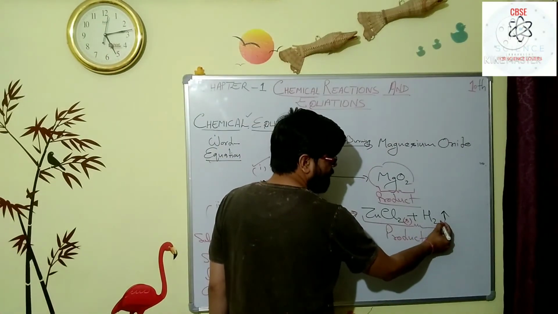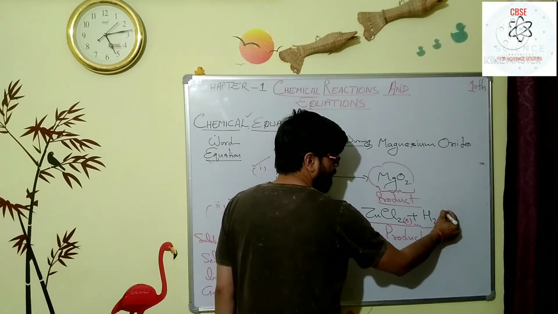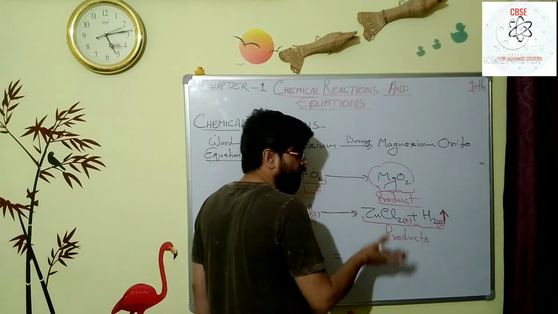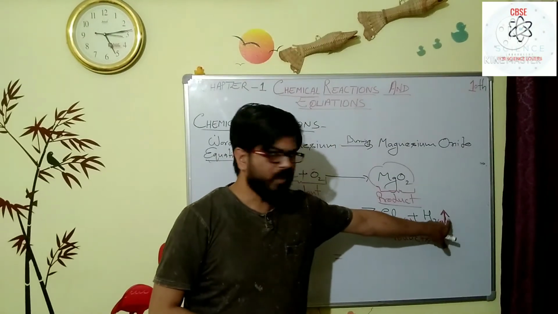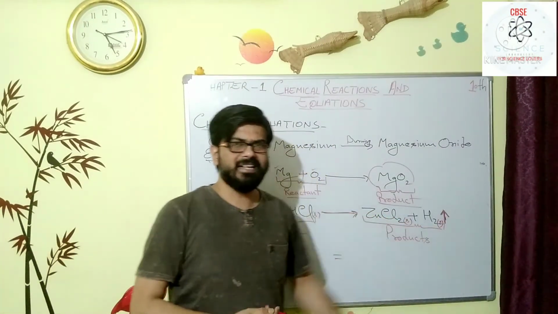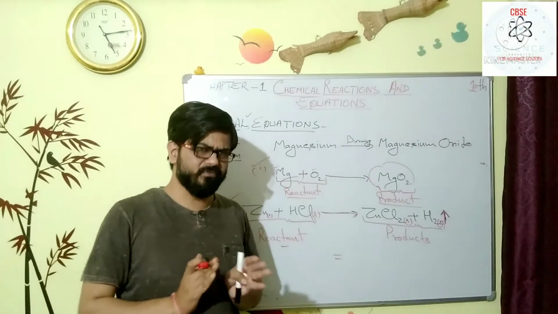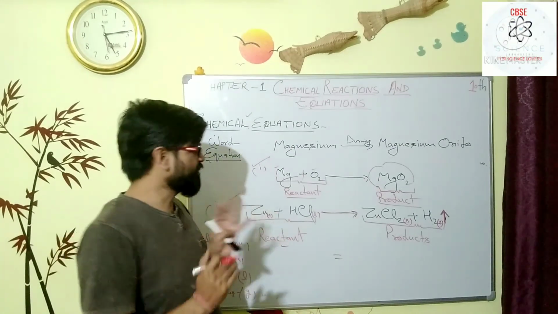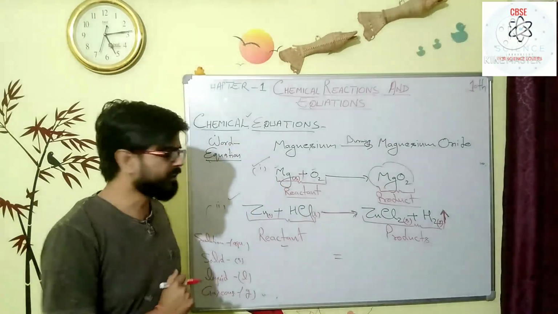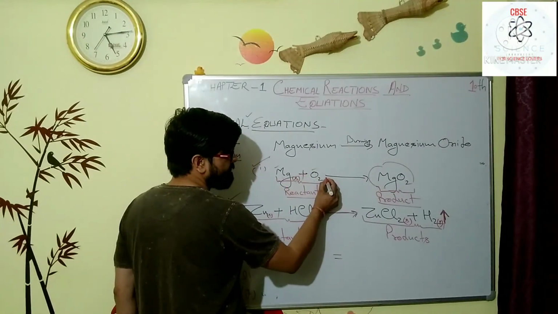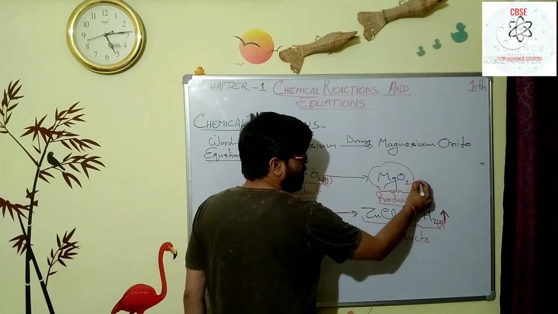For the gaseous form, we represent this one, and this arrow also shows the gas, because after forming, gas starts to move upwards. So this upward arrow shows that gas formation is going on, my dear student. That is the effective way to represent an equation. Like that, magnesium is in the form of solid we are using in this chemical change, oxygen is in the form of gas, and magnesium oxide is in the form of solid ash.